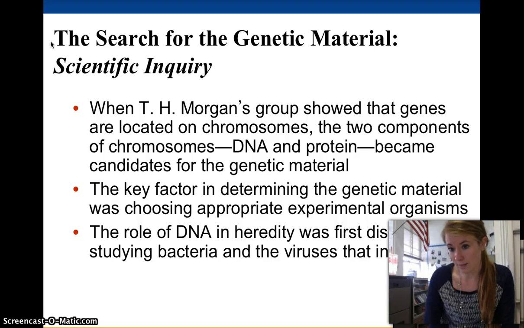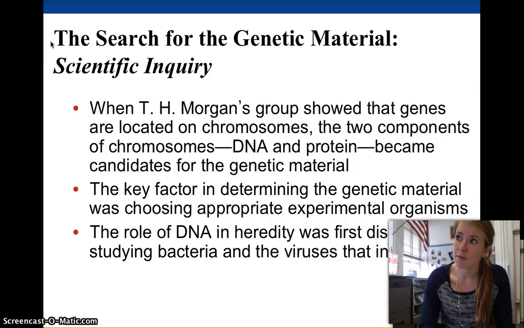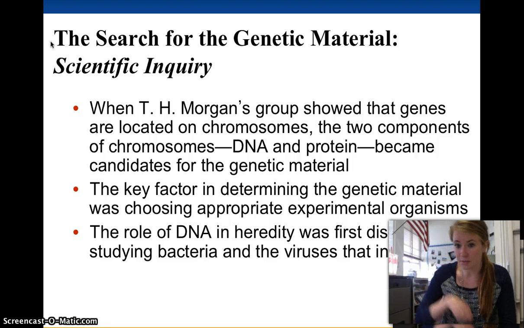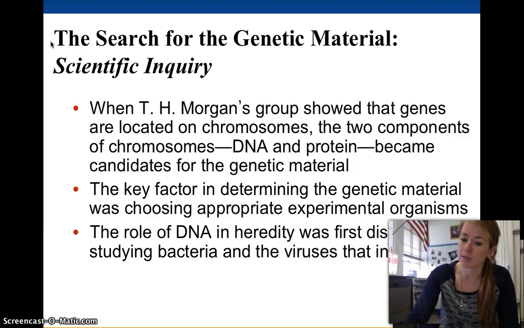Think about a human body and how many cells it's made up of, or a rat, or a mouse, or a rabbit, or anything that they might have been studying, and how many cells are involved in that, whereas a bacteria is one cell, and it's good for basically the basic functions of life. It's a prokaryotic cell. Or even a virus, which we haven't really talked about yet, but viruses are not alive, they're not cells, they don't have organelles, they just have DNA and protein, or RNA and protein. So it was really important to start with these simple things, that way they could get the basics down.